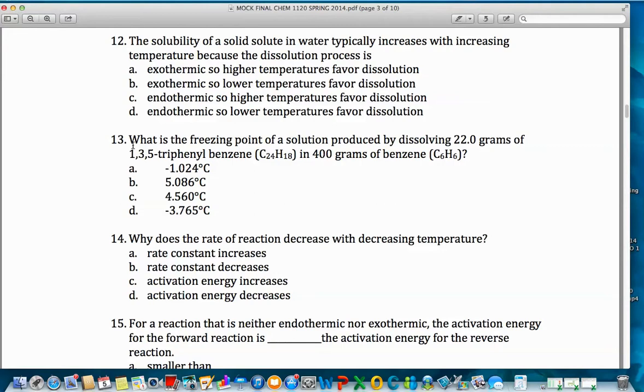13, what is the freezing point of a solution produced by dissolving 22 grams of a solute in 400 grams of benzene? There was some data missing from this problem, so let's first deal with that.